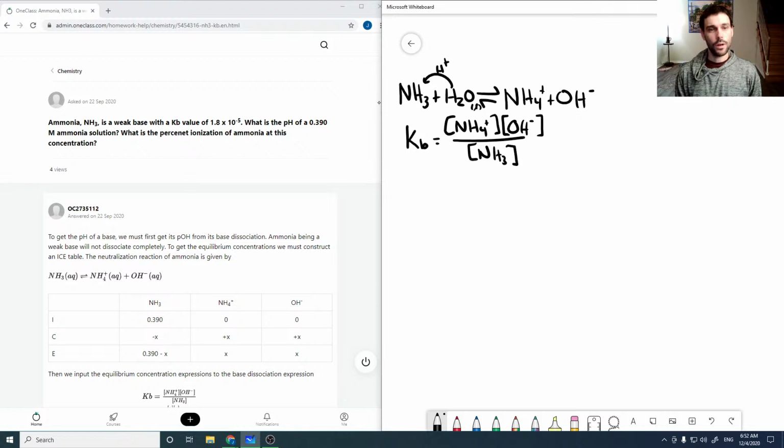So I'm just going to rewrite this because I put my Kb right below it.